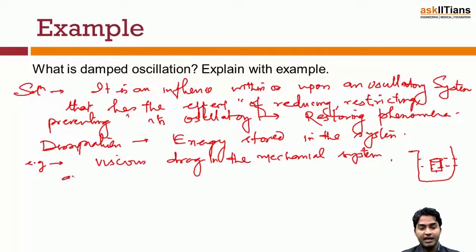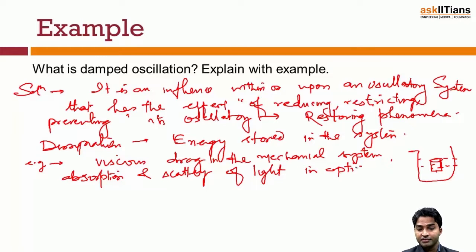Also we can say absorption and scattering of light in an optical oscillator. So we can say damping is not based upon energy loss alone, and that can be important.